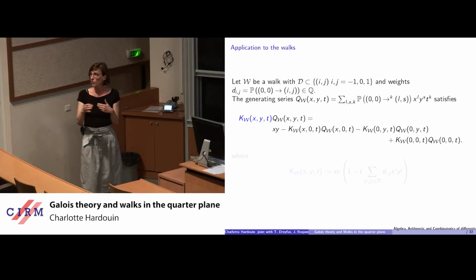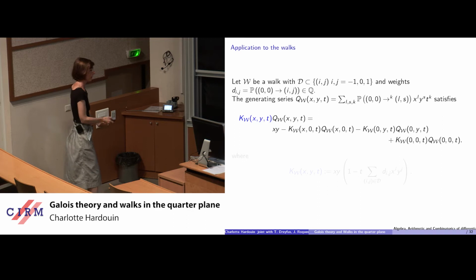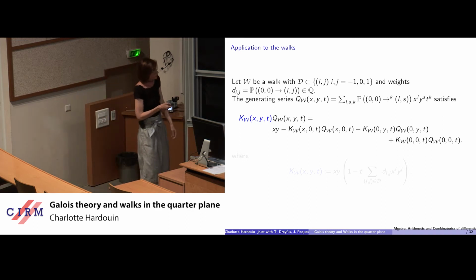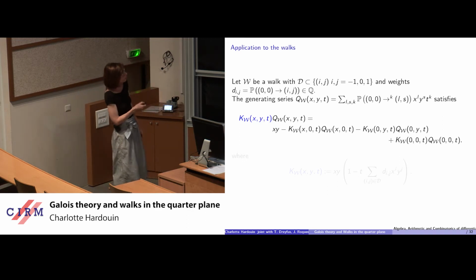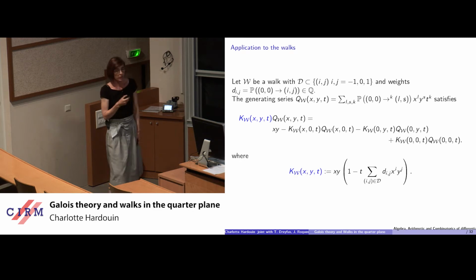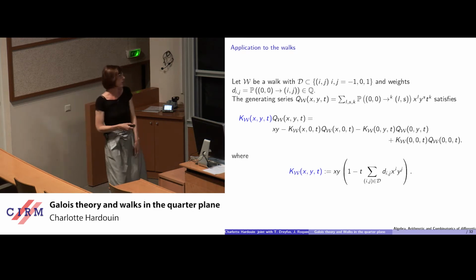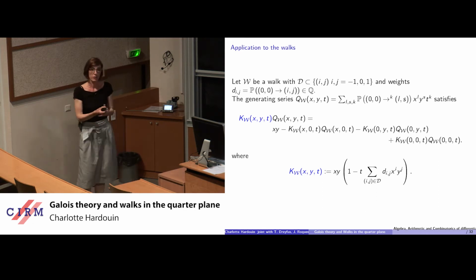So up to now, there are no dynamics in the count. I put in blue some object because it's very special and central in this study. It's a biquadratic polynomial in x and y, and it's called the kernel of the equation.